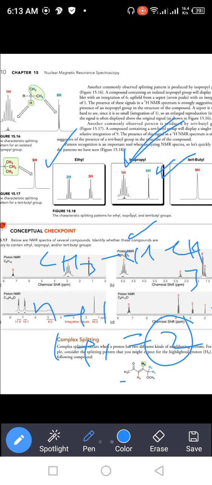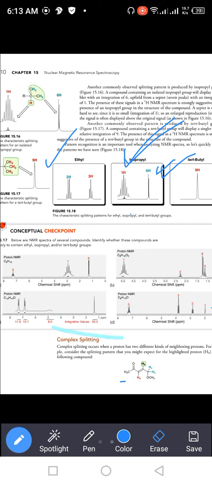Here is a doublet of 6 protons. So the integration values 1 and 6 and the peak splitting pattern, both these pieces of information help us to draw the accurate structure of an organic compound. This NMR is very useful to elucidate the structure of an organic compound.